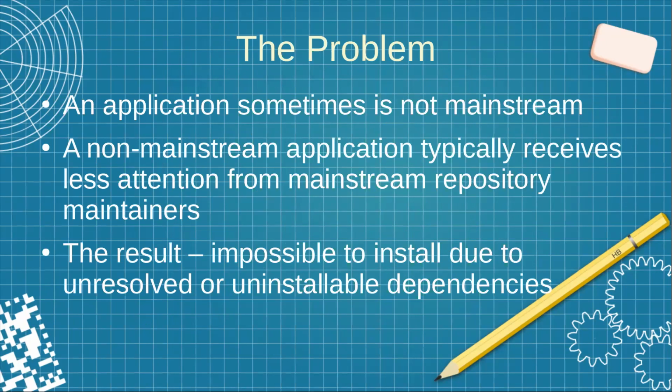Come to realize that if you've got some sort of specialized application, like I was using on a 3D printer, and you're dealing with a mainstream Linux distro, there's a significant chance that your app might not be included.